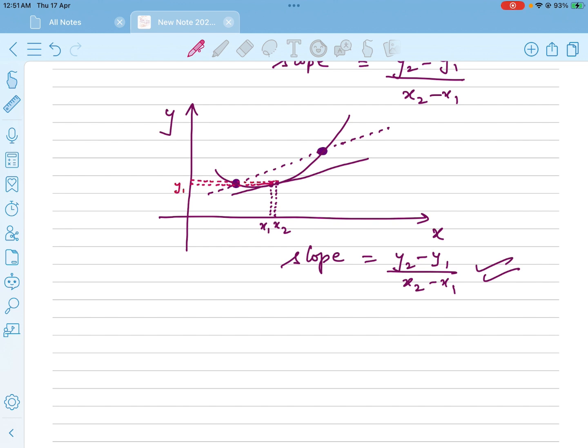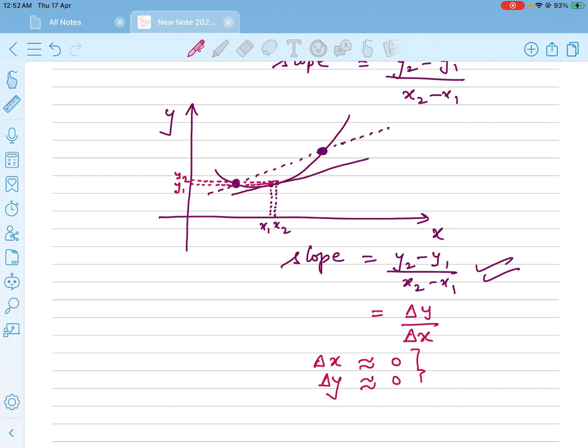So y1 and y2. In this case, the change in y and the change in x are very small. So we can say that change in x is approximately equal to 0. Similarly, change in y is also approximately equal to 0.